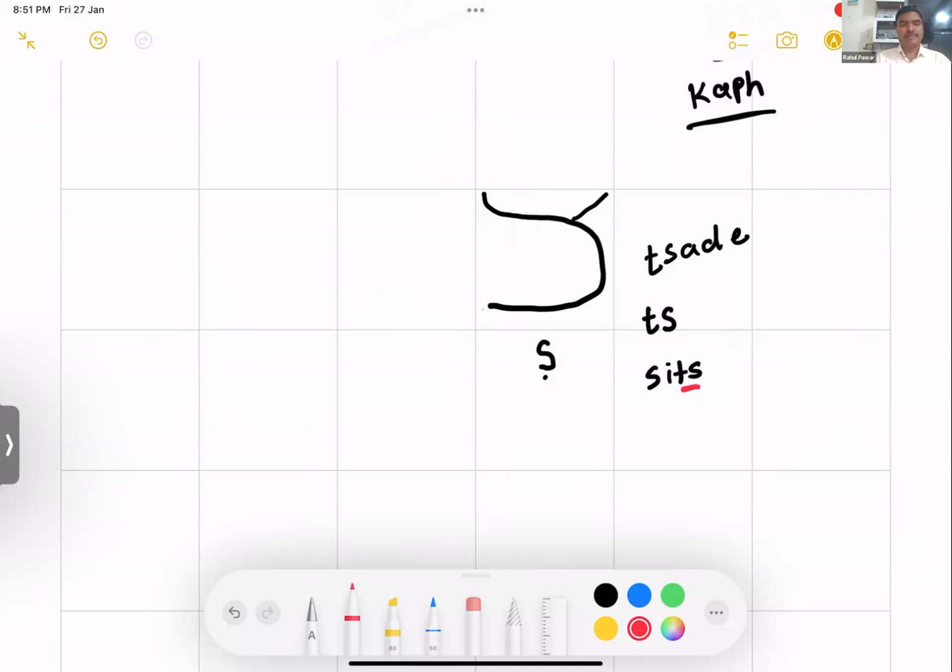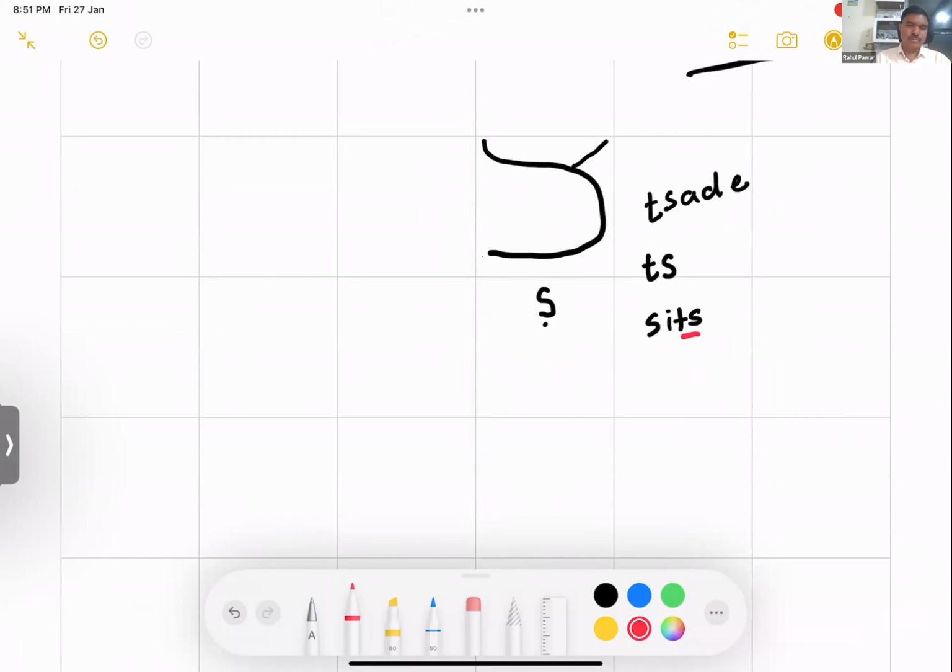Tsade is the 18th letter of the Hebrew alphabet. Numeric value is 90.